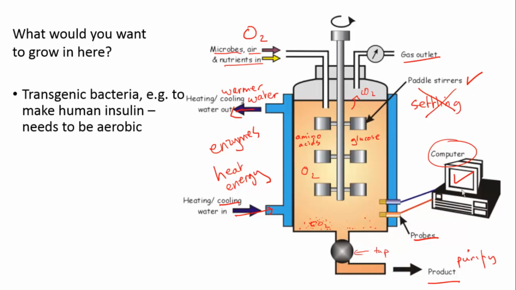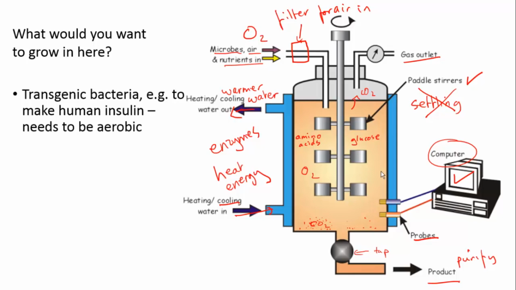And there's one little thing that maybe we've missed out on this diagram, and that would be here. That would be a filter for the air going in. It's going to be really important that we stop other microbes getting in. We have made, in this fermenter, a lovely, warm, gooey, salty, sugary, amino acidy, oxygenated solution, which is perfect for microbes to grow.